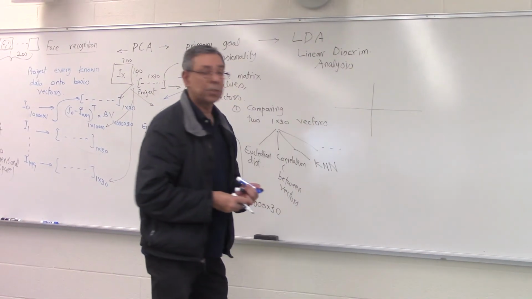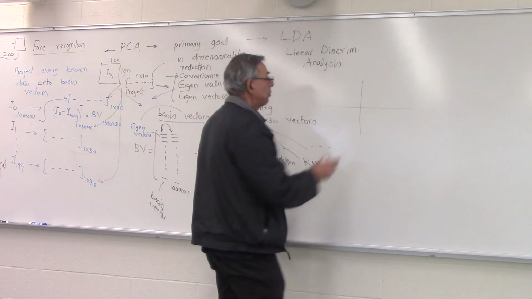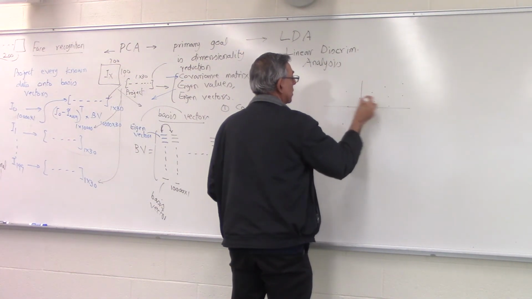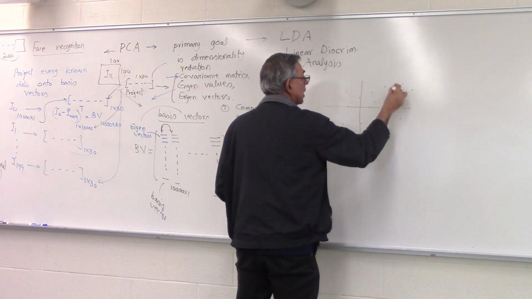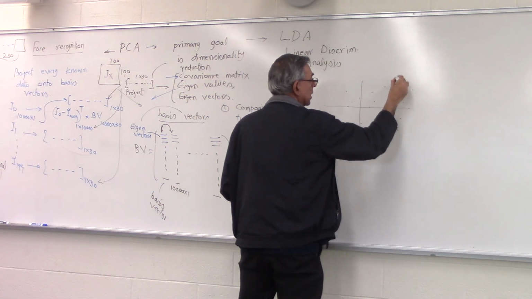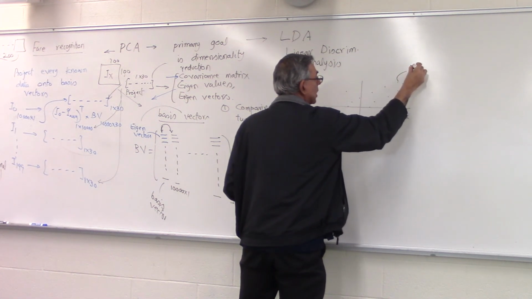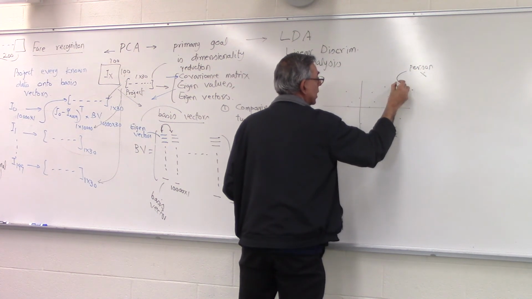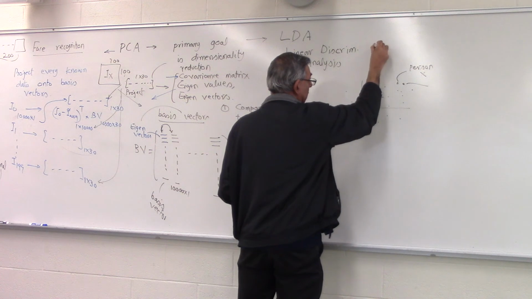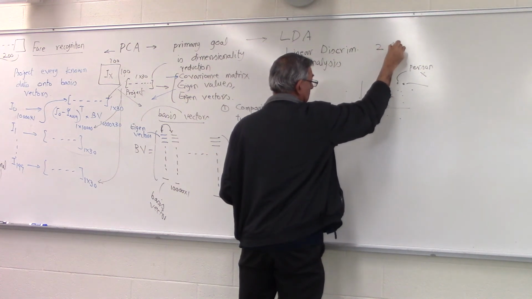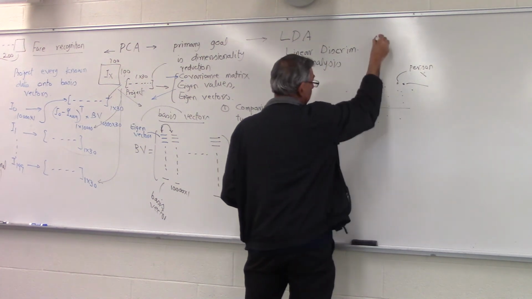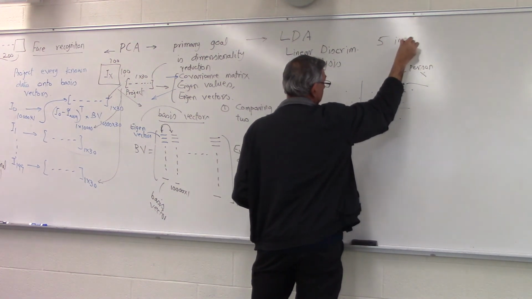If we take a look at our 200 data points, pretend these are the 200 images. Pretend this is person X. Let's make it easier, 5 images per person.